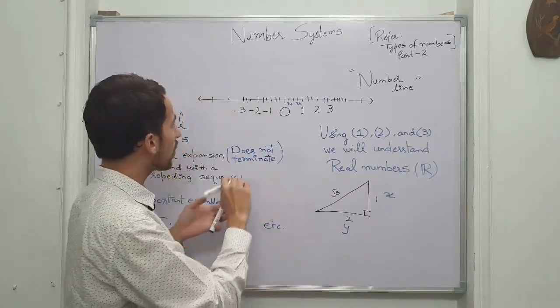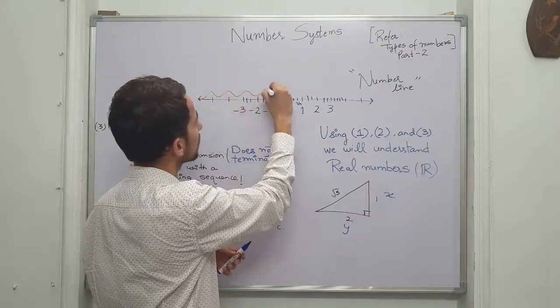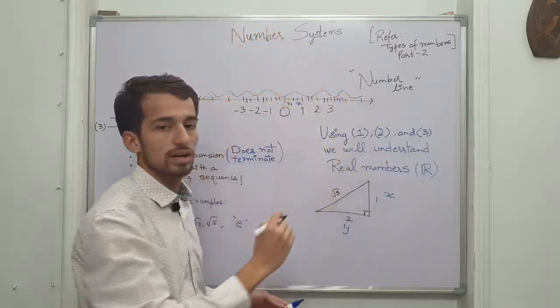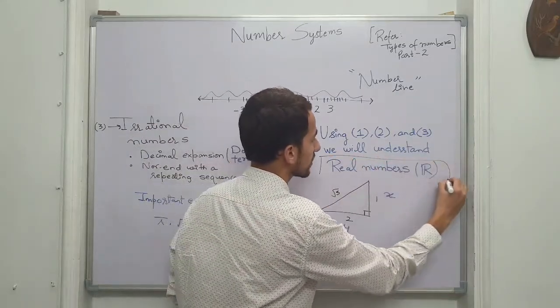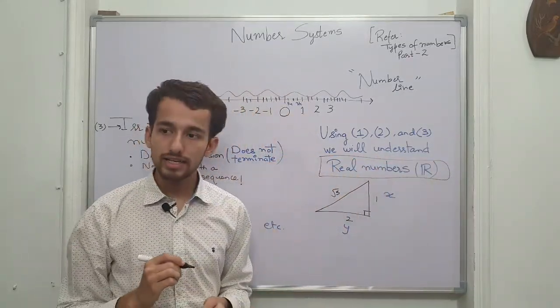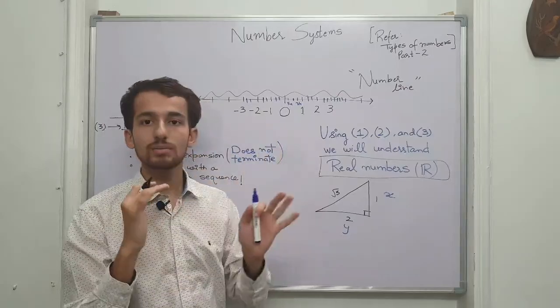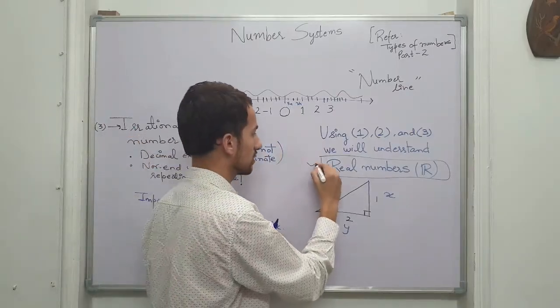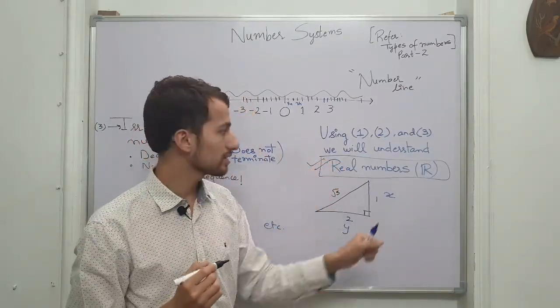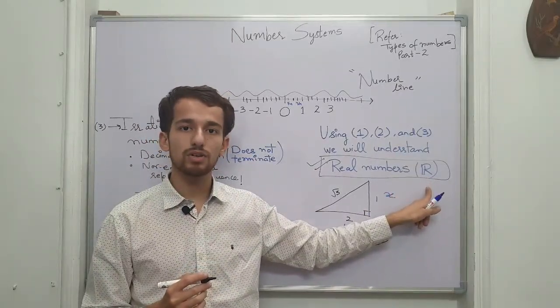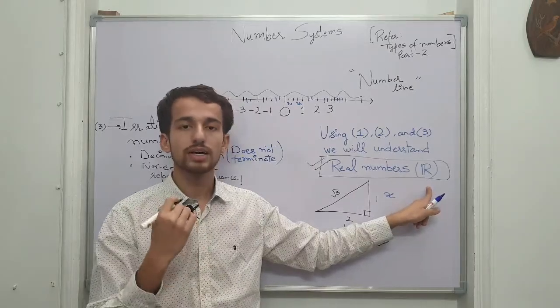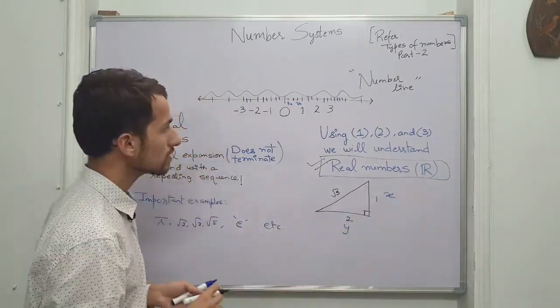If I take all the numbers on this line, then they are nothing but real numbers. All these numbers come under one category, our real numbers, and the convention is to denote this by a bold capital R.